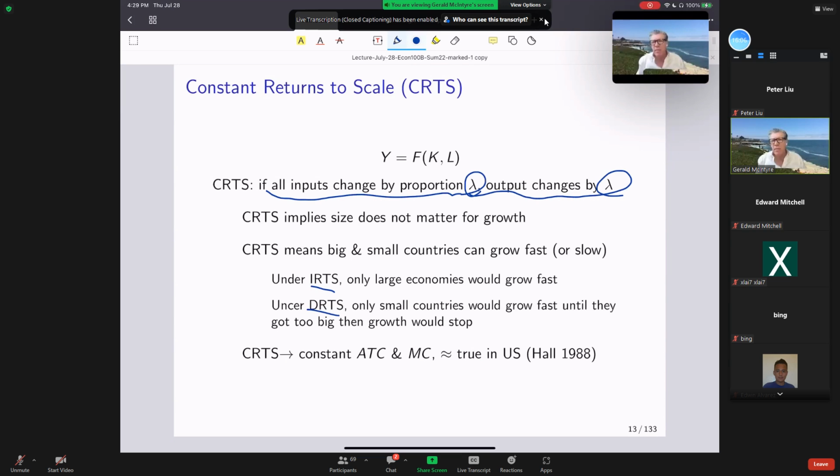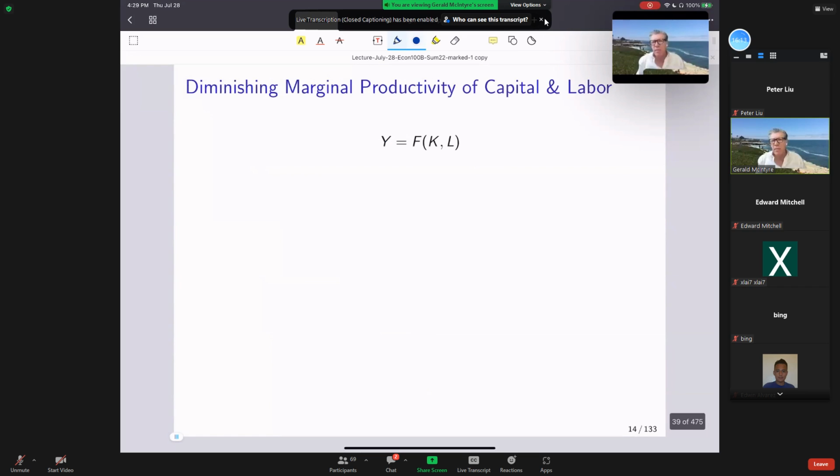Okay. The other property of the aggregate production function, this Y equals F of K and L function that Solow uses, was diminishing marginal productivity of capital and labor.